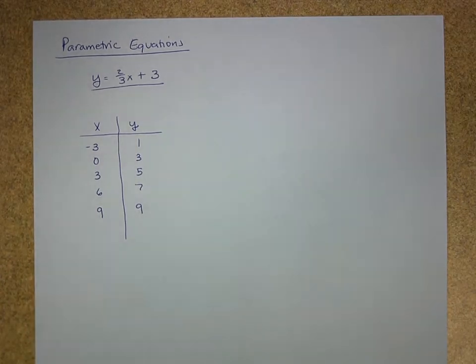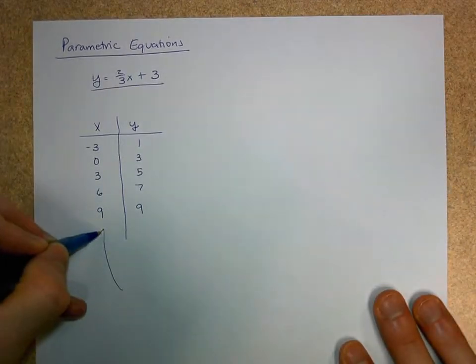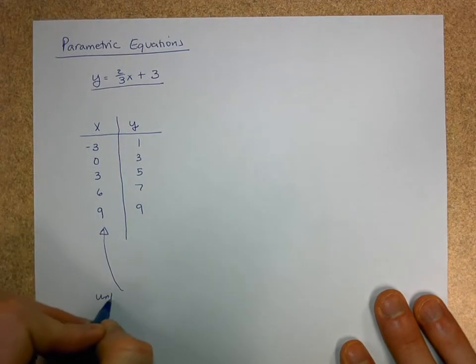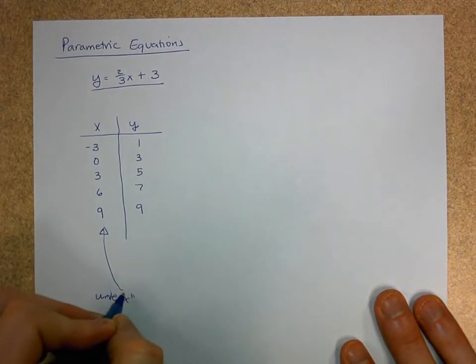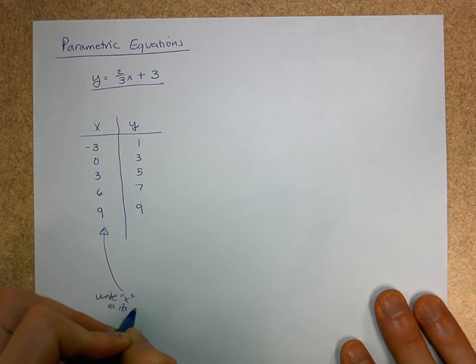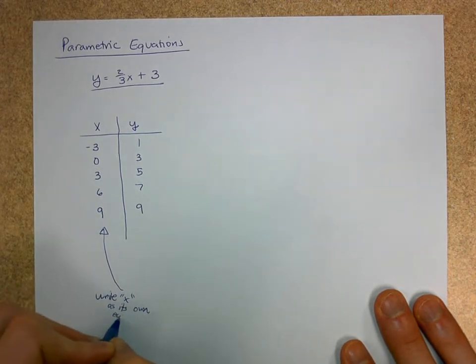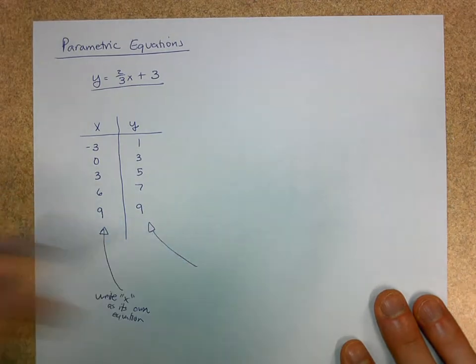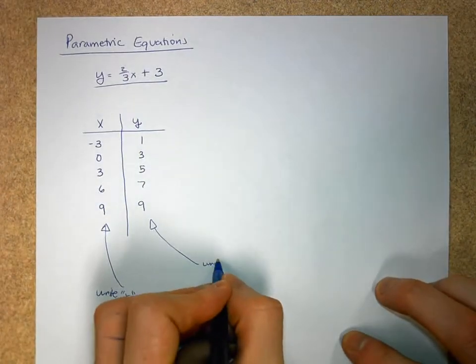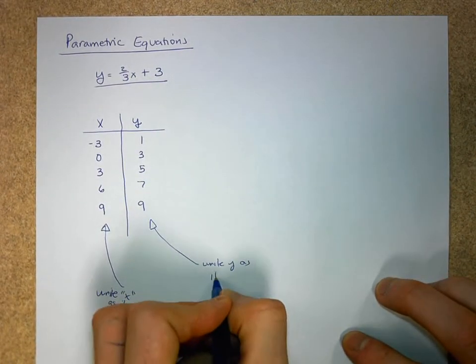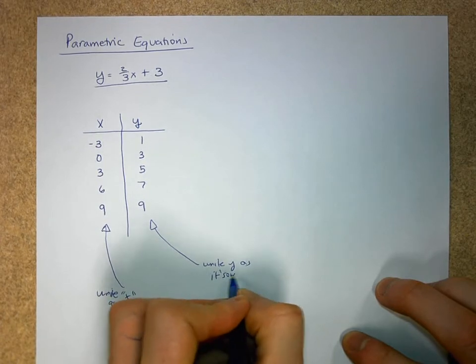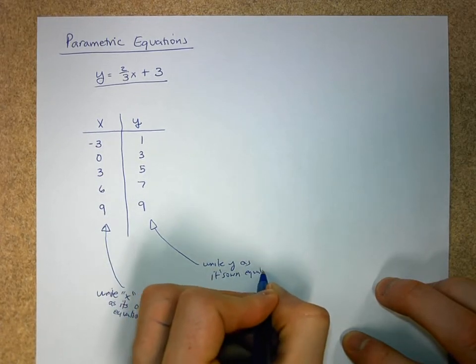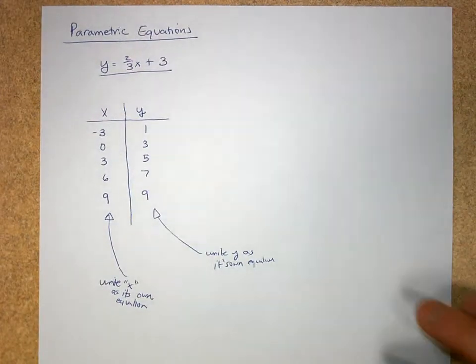And that's what we want to do. We want to write this first column, x, as its own equation, and then take my y column and write y as its own equation.